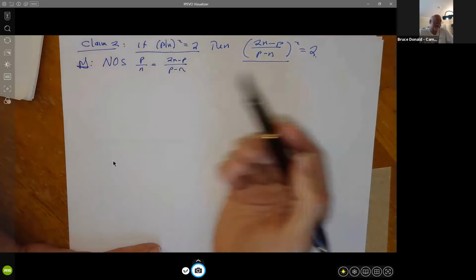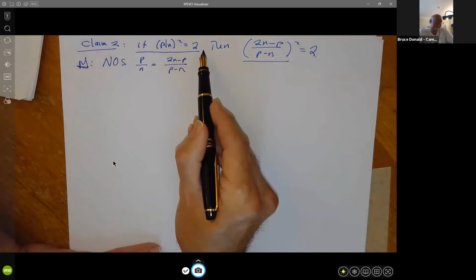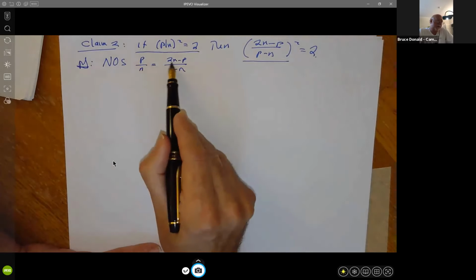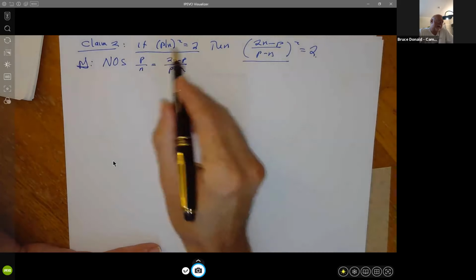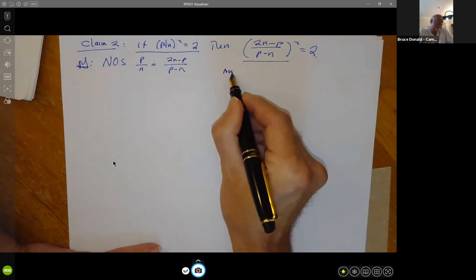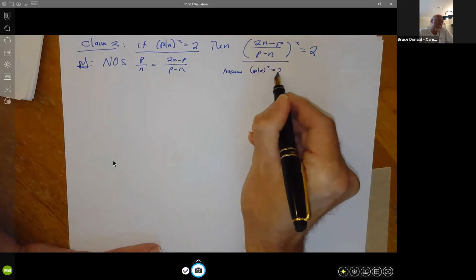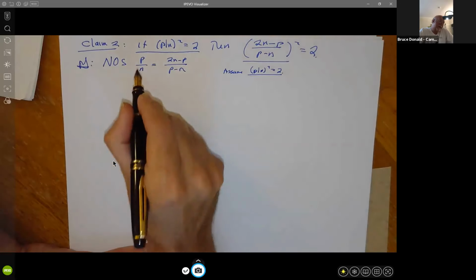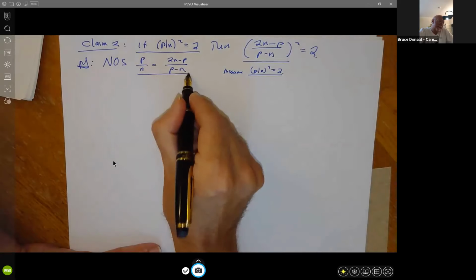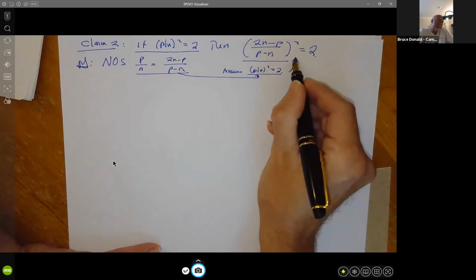Well, in this scenario, we're assuming a world in which P over N is the square root of 2. So if I have already shown that P over N is equal to 2N minus P over P minus N, and I assume P over N is the square root of 2, then I can substitute this into here, and I immediately get the consequent.